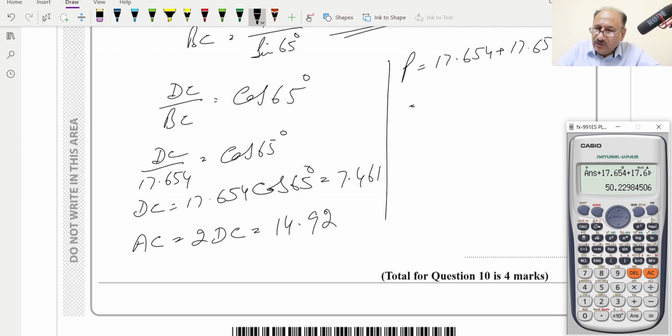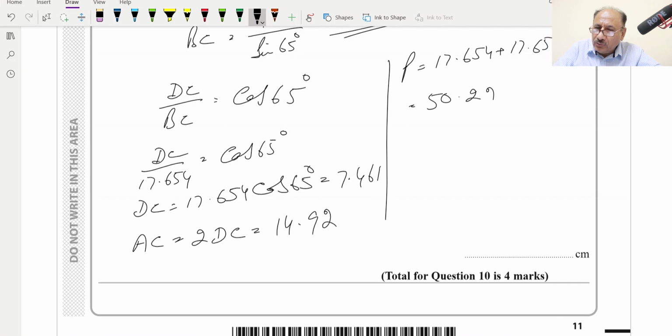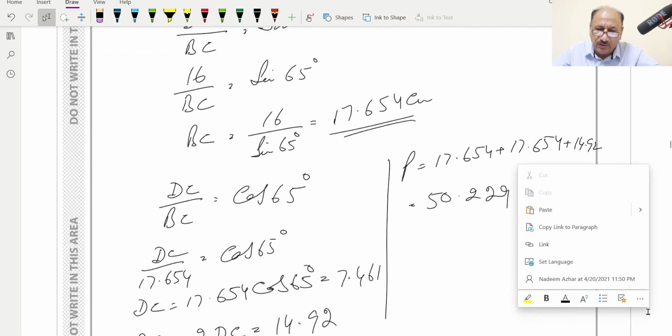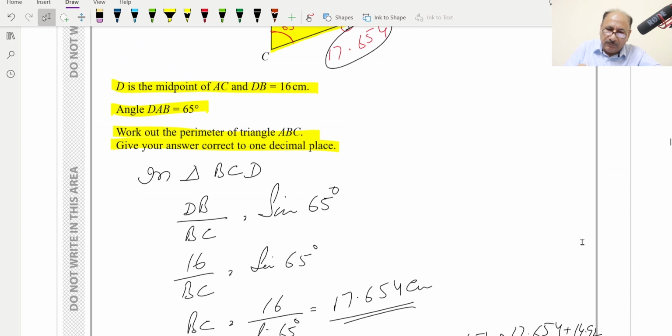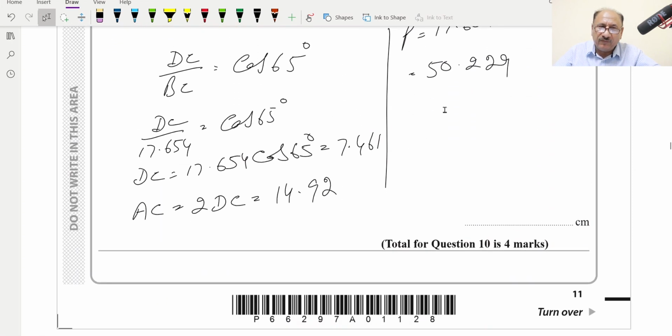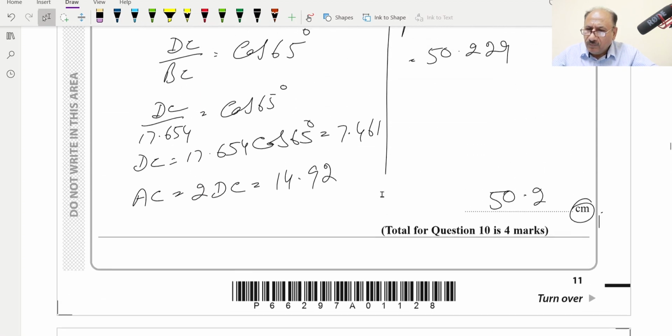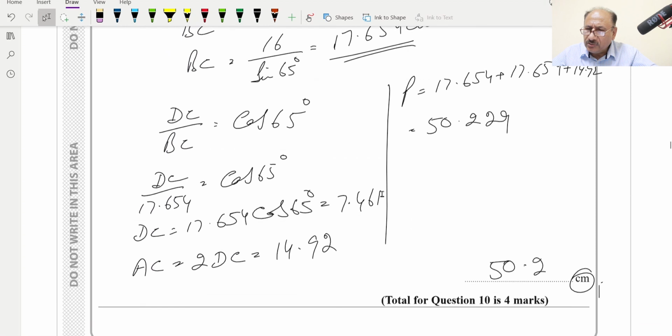The answer we have to provide is up to one decimal place, so the answer will be 50.2. 50.2 centimeters will be our final answer.